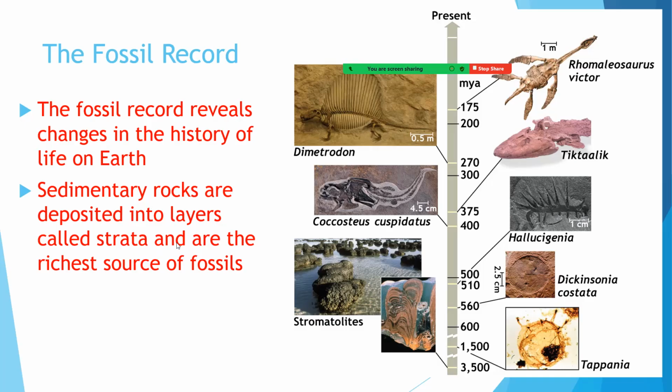The rocks are divided into layers that are called strata. Strata is the plural, stratum is the singular word for layer. These sedimentary rocks do have very rich sources of fossils. If you dig down into particular locations, you can find fossils, and we're able to date those rocks with different types of radiometric dating. When we do that, we can identify the time period that these fossils were created or laid down in the sedimentary rock themselves.